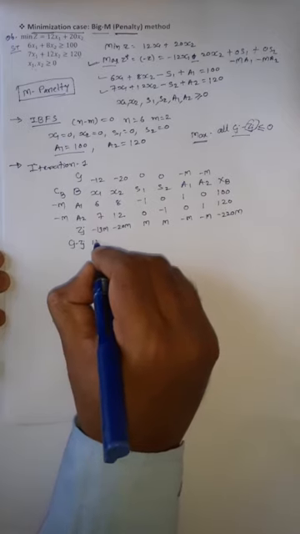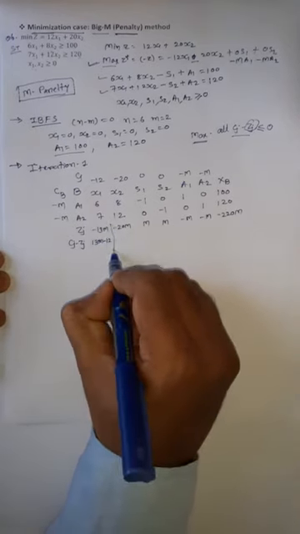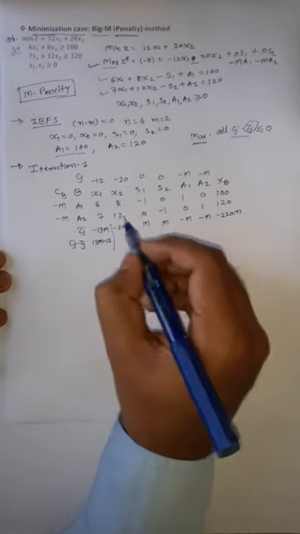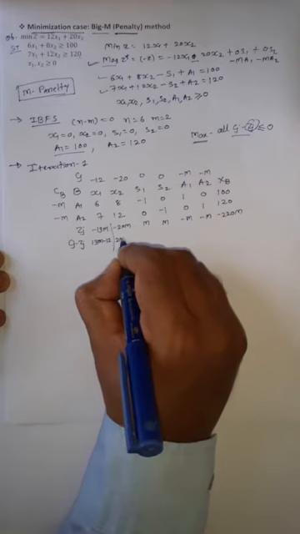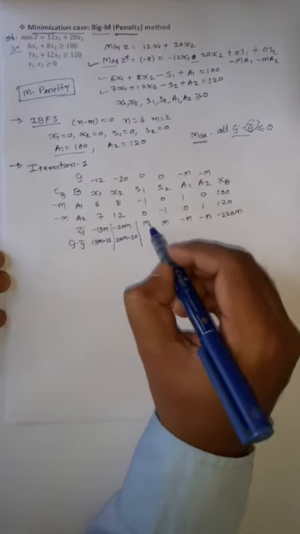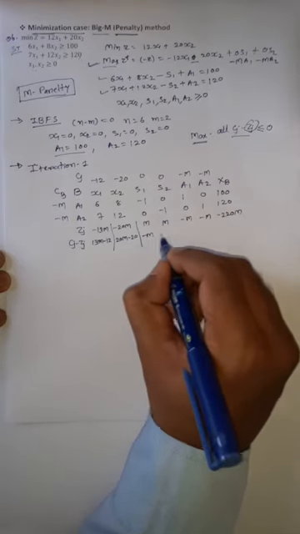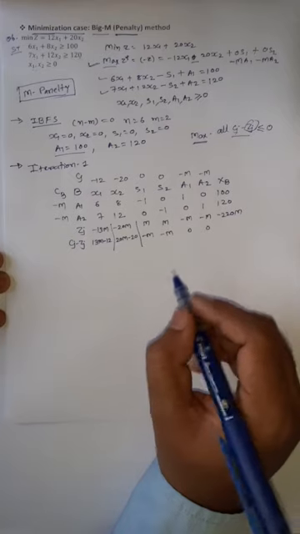So it will be 13 m minus 12. So this is the value of Cj minus Zj for x1. Now for x2 it is 20 m minus 20. Here 0 minus m, so it is minus m, here minus m, here 0 and 0. So what is the condition?